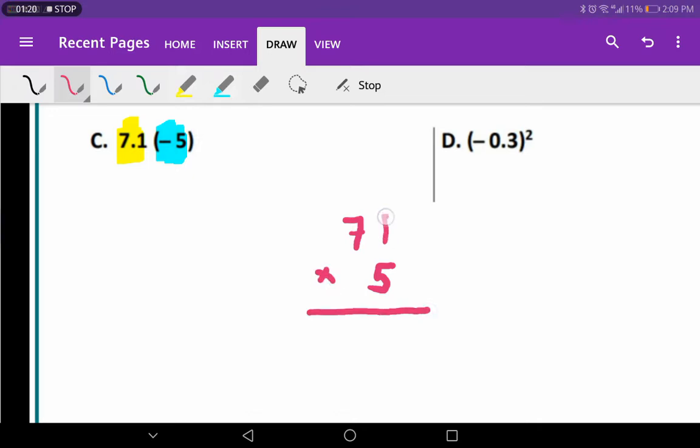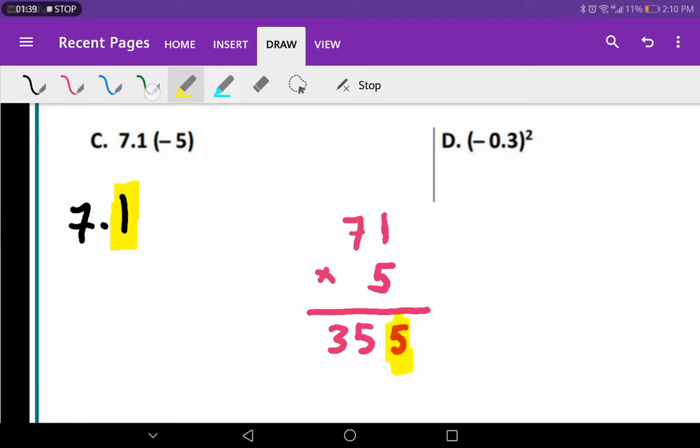Ignore the decimal point for a while. 5 by 1 equal 5, and 5 by 7 equal 35. And as you see here, 7.1 has one digit after the decimal, so I have to lift one digit and place the decimal point here.